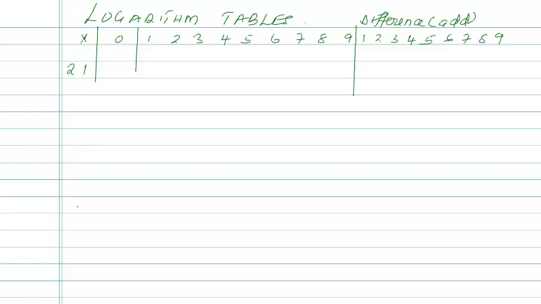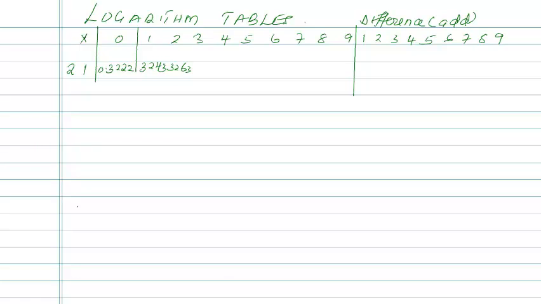For example, where the 2.1 is meeting with the 0, you'll find there is 0.3222. Where there is 1, we have 0.3243. Where there is 2 is 0.3263, and so on.